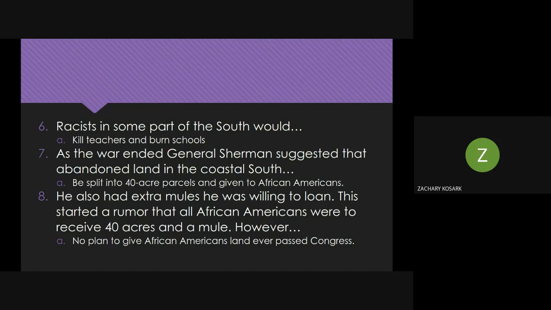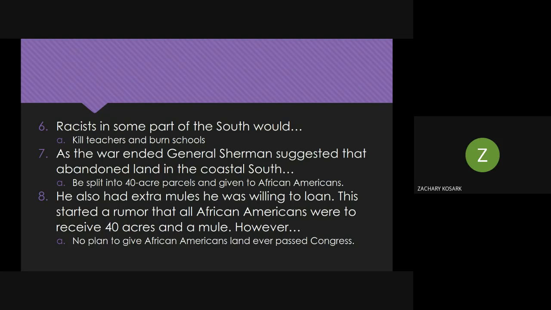He also had a bunch of extra farm livestock he was willing to loan. And this is where that idea of 40 acres and a mule starts to pop up. It's one of those Civil War staple things that people talk about, where maybe, as the United States of America, we were going to give African Americans 40 acres and a mule.